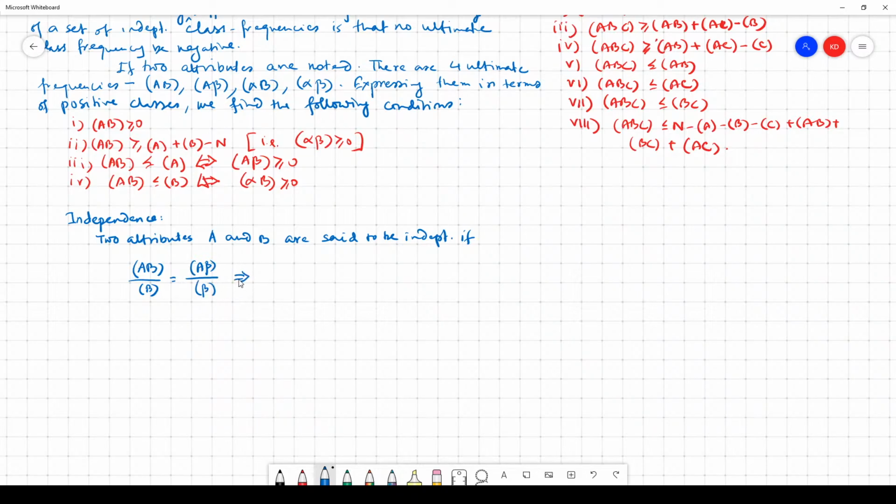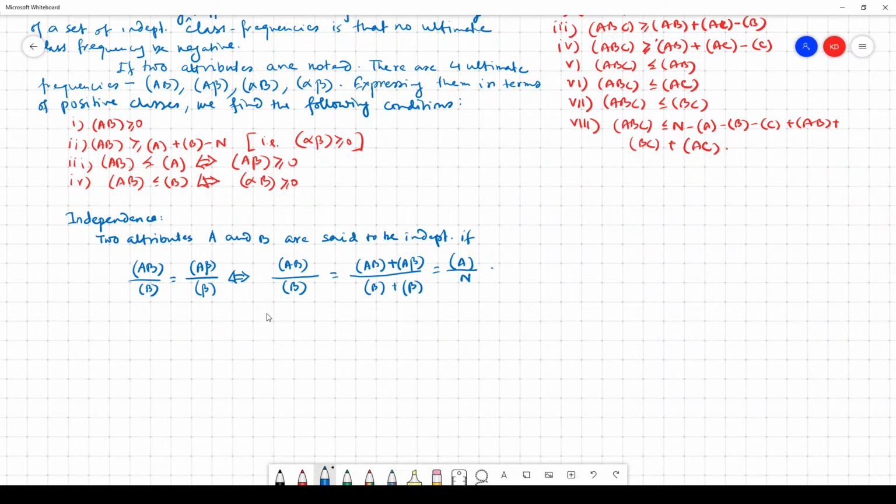This implies (AB)/B, which is equal to (AB + Aβ)/(B + β), equal to A/N.